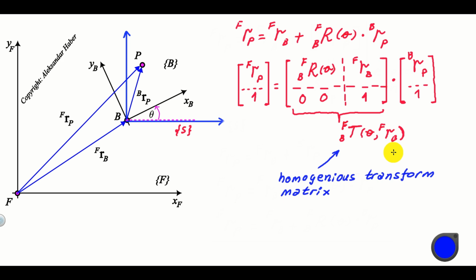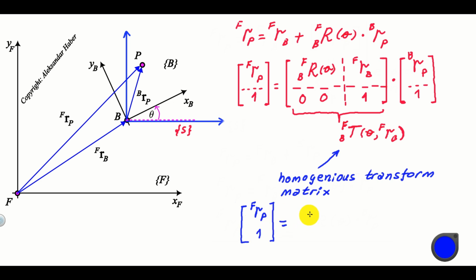And let's write the last equation compactly. The last equation can be written like this. We will have RPF, that is the distance from here to here expressed in F. Then we will have 1 over here.